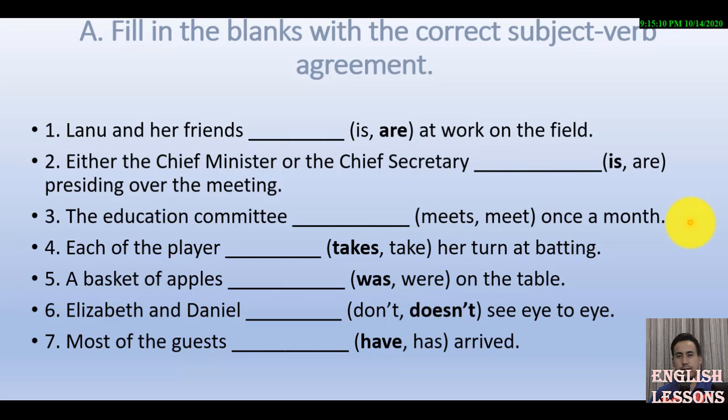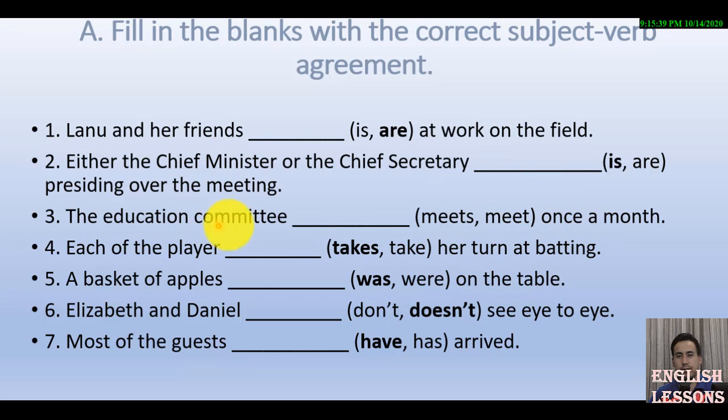If we look at British English and American English, Americans will use meets, because committee is singular: the education committee meets once a month. Americans will use that. But since we're using British English, most British writers will go with meet.